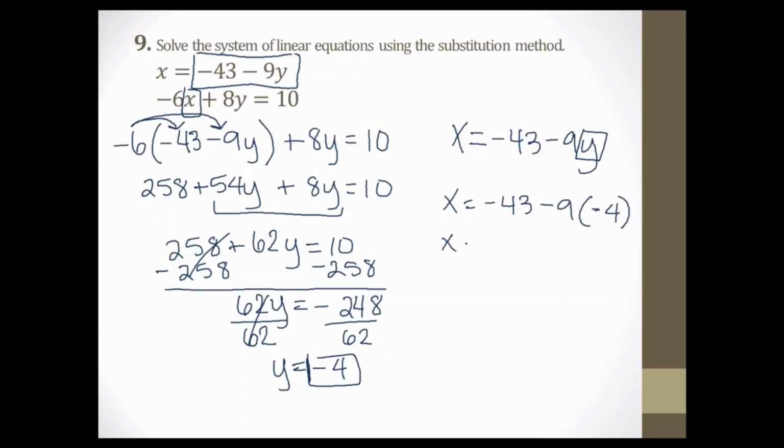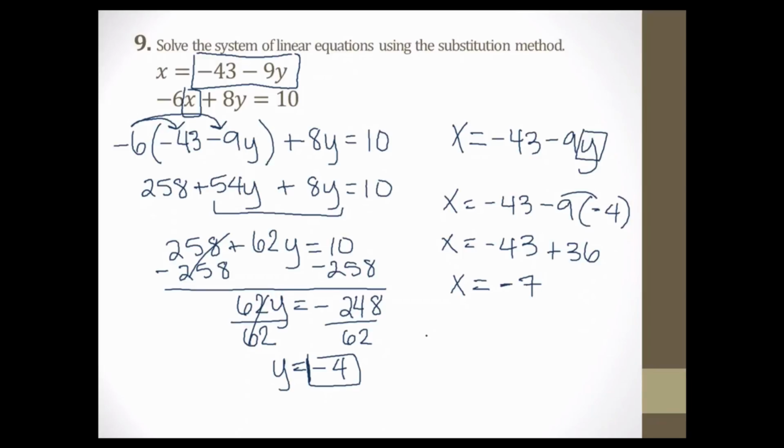So that's going to be x equals -43, and 9 times -4 is positive 36. And then -43 plus 36: different signs, so we subtract and take the sign of the larger number, so x equals -7. That's the other half of my solution.